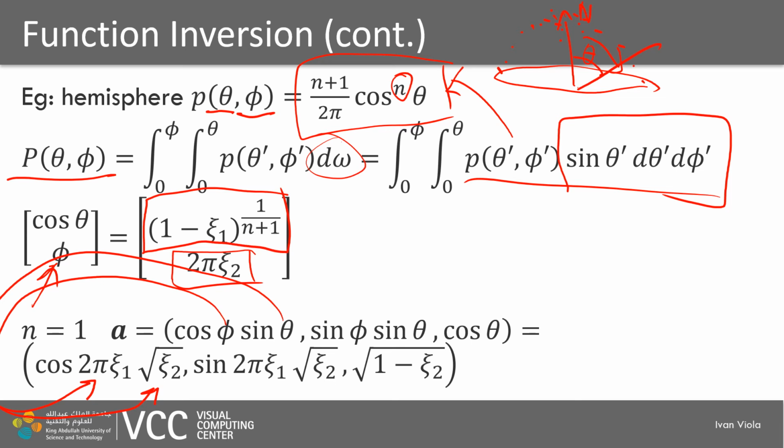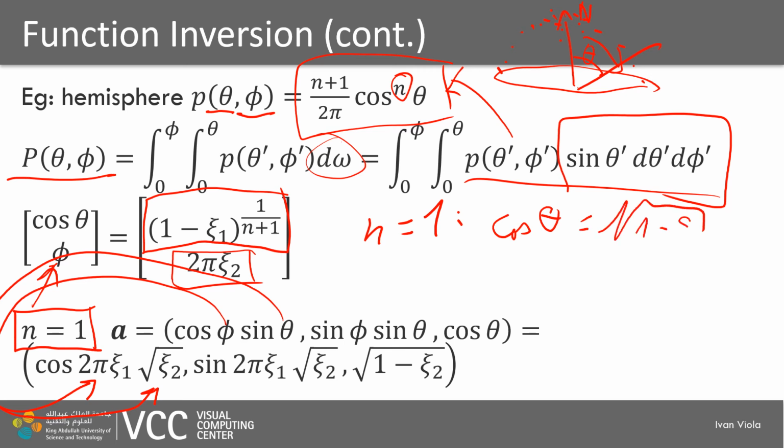So if we have, and this is for n equals 1, meaning if we have a nicely diffuse surface, then for n equals 1, the cosine theta equals the square root of 1 minus the canonical random variable.